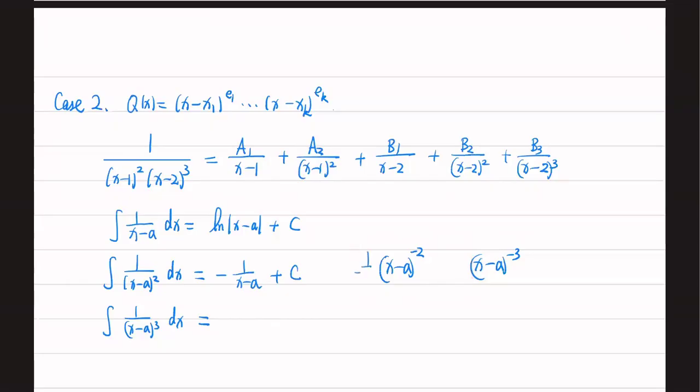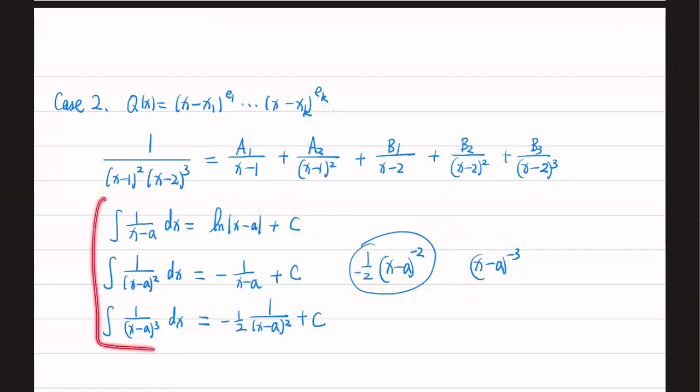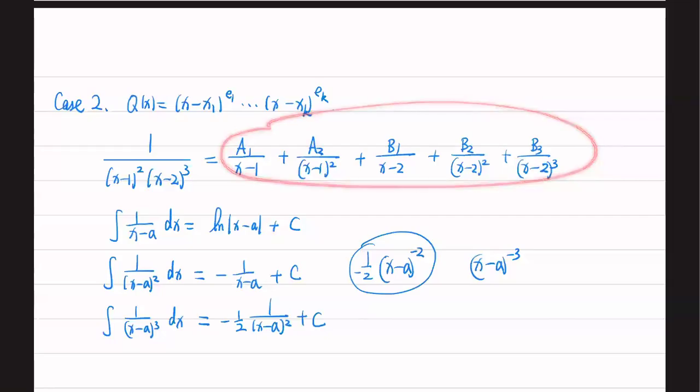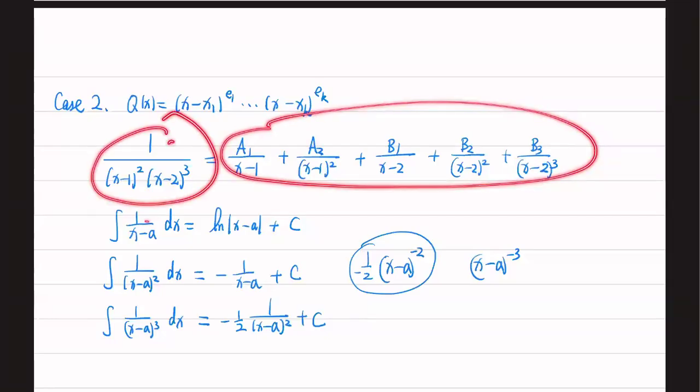Then we can check that if we take a derivative, we do have this. That's how we find the integral, the antiderivative. So if we can integrate all of this, then by this partial fraction decomposition, we can integrate all of this.